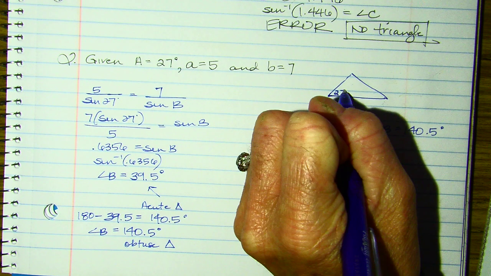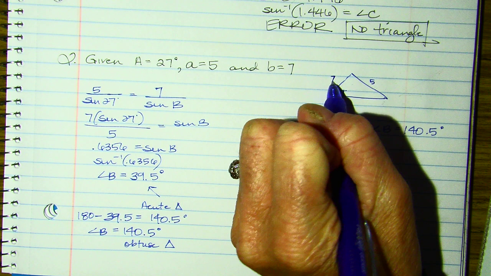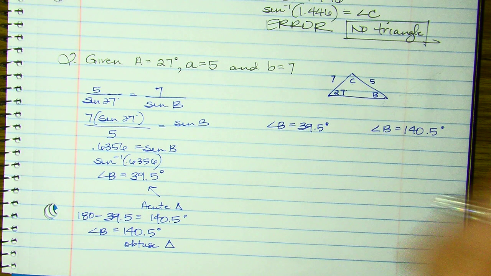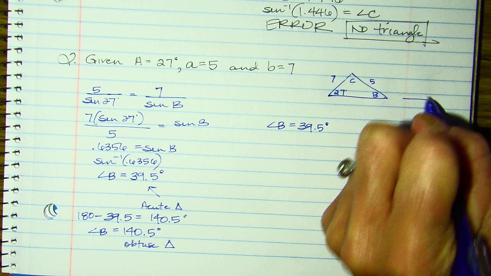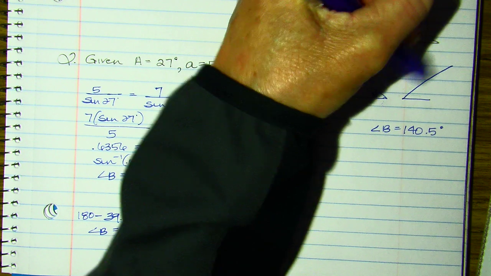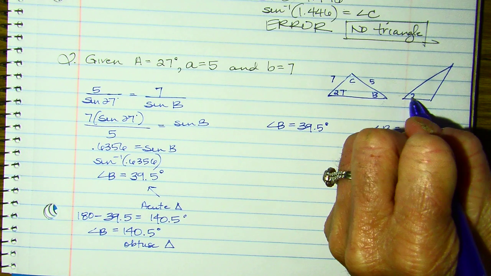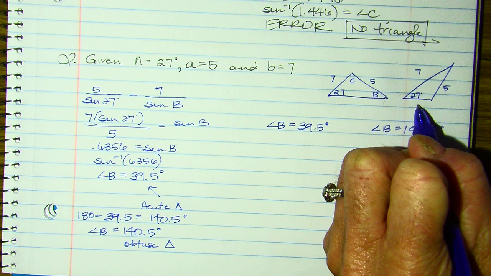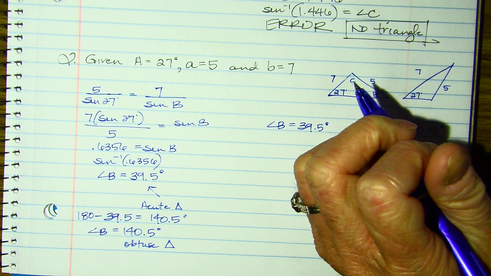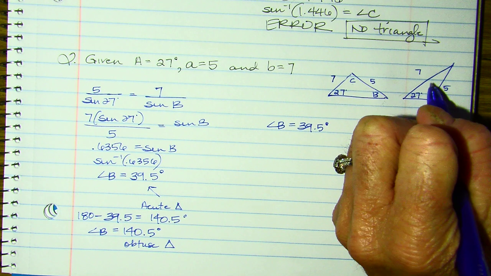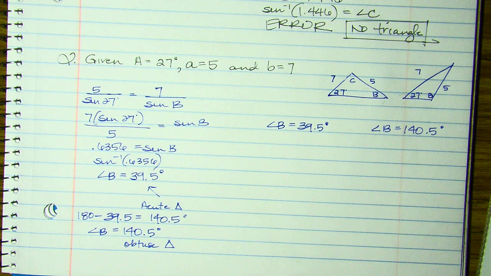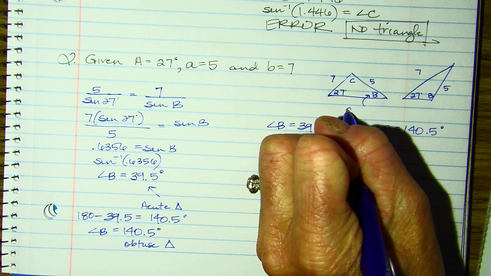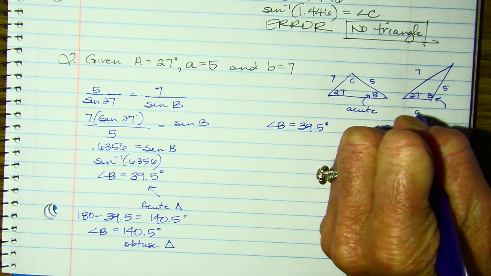Let's say I picture this is 27 degrees, this is 5, this is 7, and this would be angle B, this would be angle C. Or I could picture maybe a triangle like this, 27 degrees, this is 5, this is 7, and this is angle B. So there are two possibilities, that angle B is acute or that angle B is an obtuse angle.